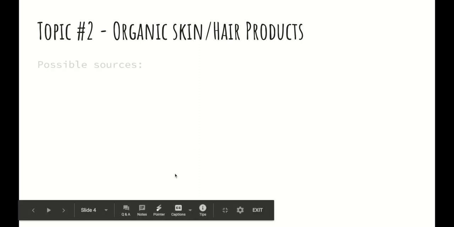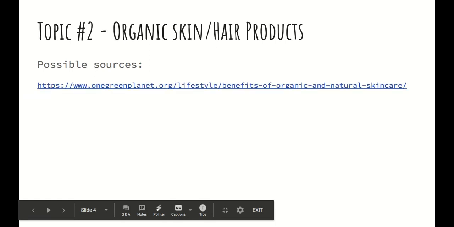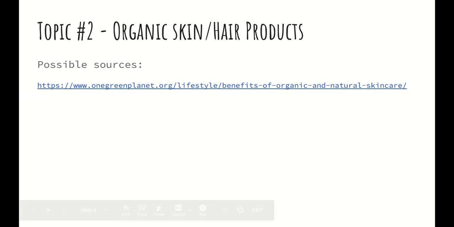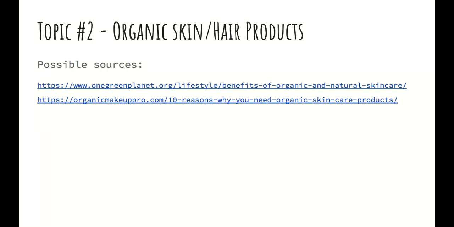My second topic, I'm really interested in organic food, organic skin products, trying to limit chemicals from my diet, from my washing my clothes and everything. So I thought I'd do a quick search of that. So some possible sources from a website. There was some information on One Green Planet.